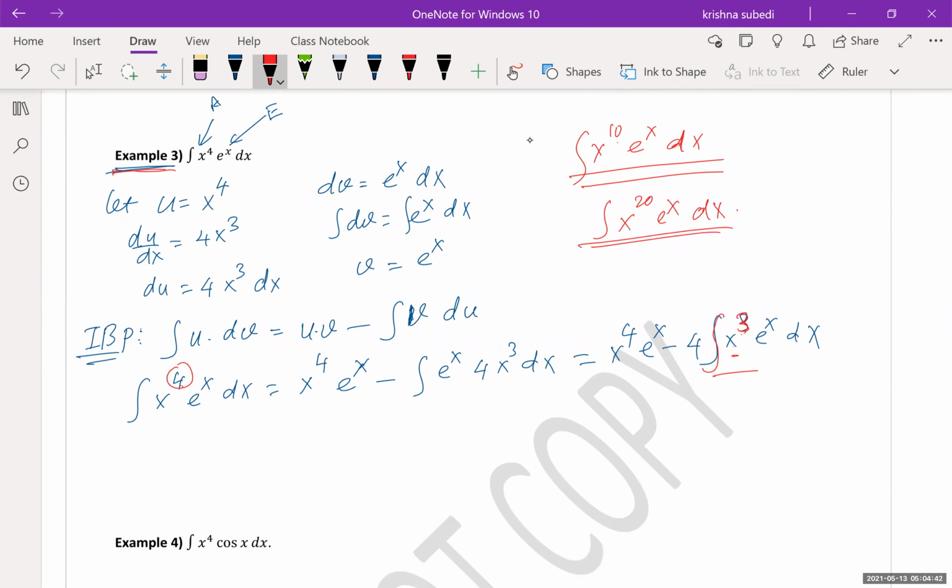So it means we need to develop some efficient way of doing this. Does that make sense? Okay, I'm not going to do this 3 times.